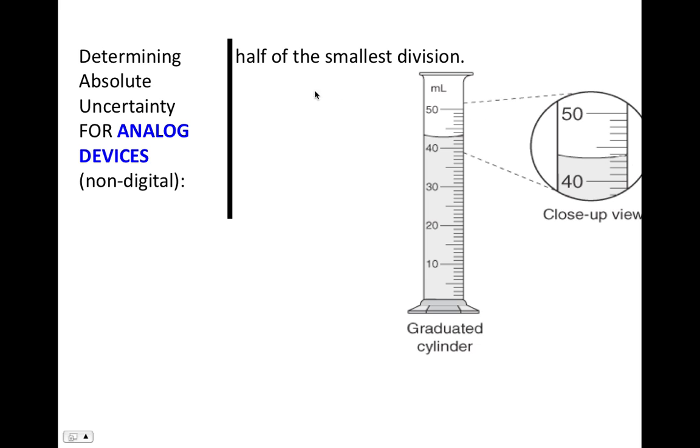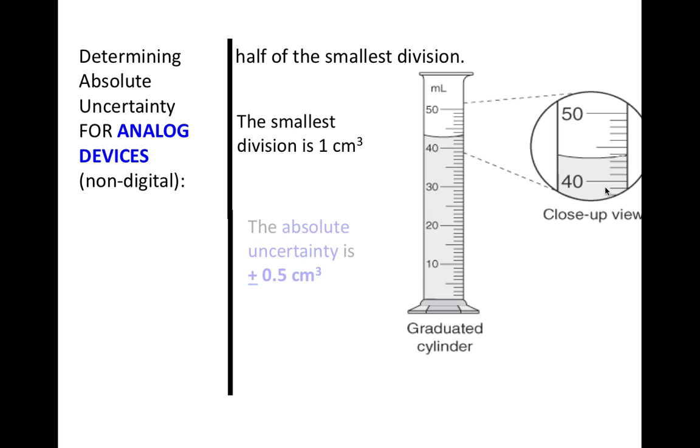So half of the smallest division is 0.5. So the absolute uncertainty is plus or minus 0.5 centimeters cubed, because 0.5 is half of 1 centimeters cubed. And I said milliliters; a milliliter is the same volume as a centimeter cubed.